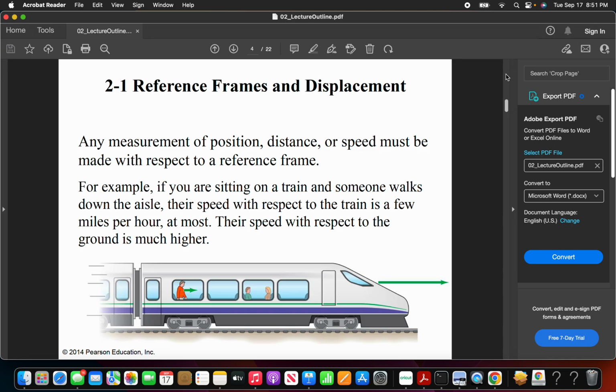Okay, and the individual walking on the train, his motion can be described with respect to the train plus his own reference frame, right? Because he has his own motion on the train. Okay.